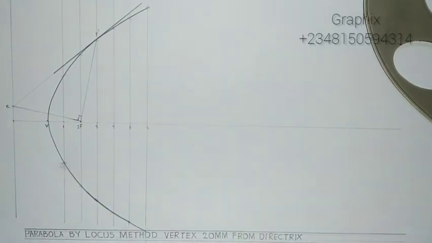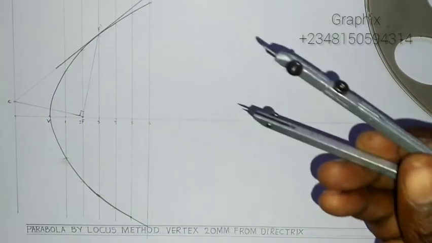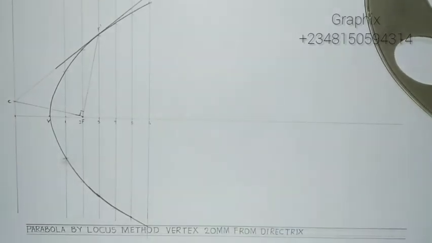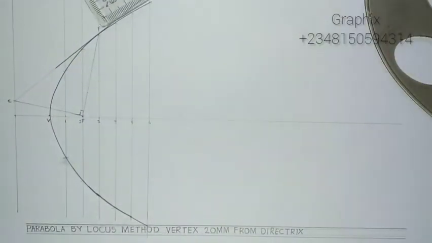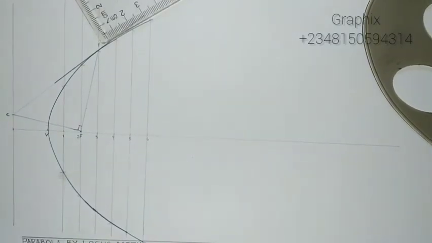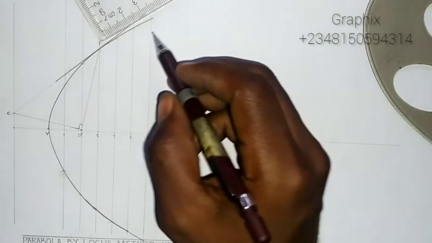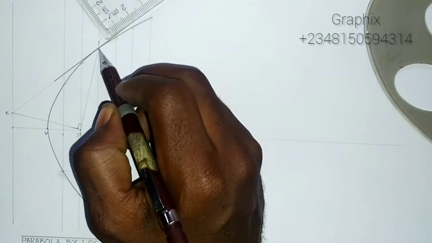If I want to get my normal, it is a line that is perpendicular to the tangent. I'm going to draw this. So I place my compass at any given radius, or I can still use my pair of set square. I'll place it at this point, right? Let it be on the same line with this point, so I want to draw my normal to this point.